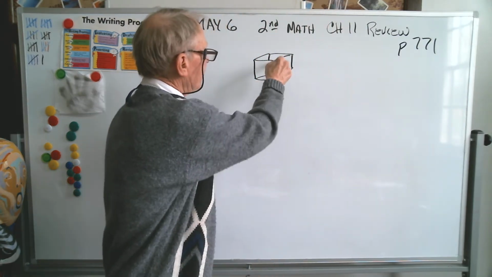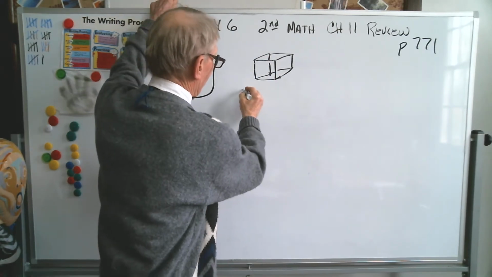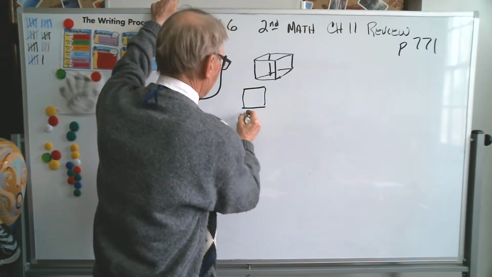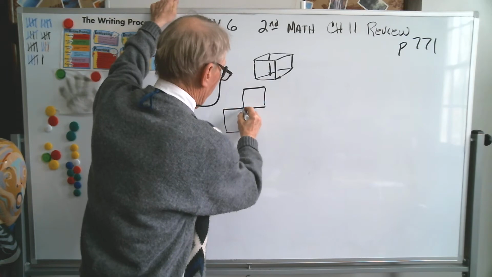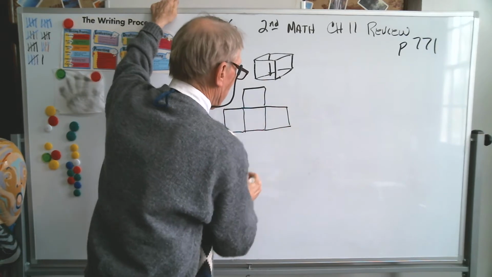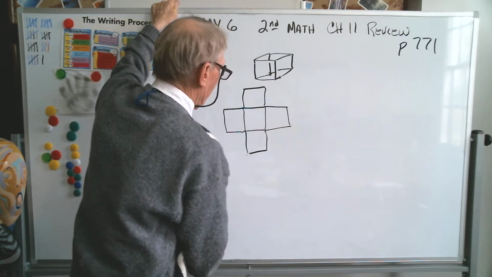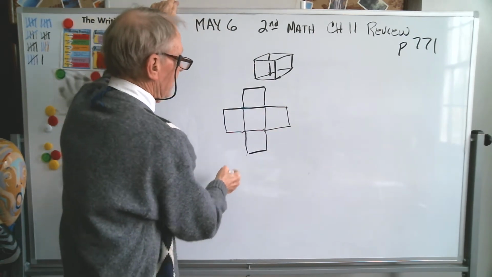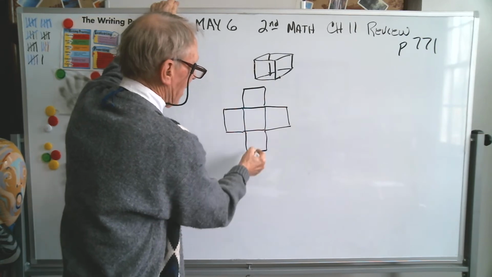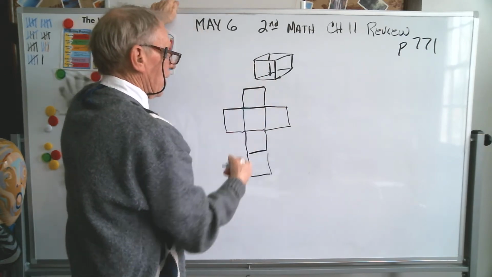Each face of a cube is a square. That's true. Each face is a square. If you open this up, you would have the top, the left side, the bottom, the right side, and so you got 4 sides, the bottom, and you're going to have one more that will fold across and make the top.